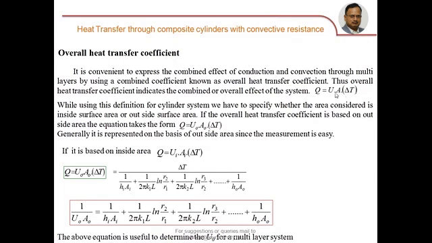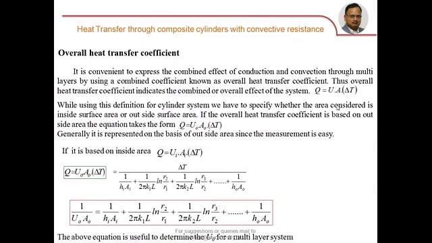If I write Q equal to h A delta T, it is only by means of convection, and h represents the convective heat transfer coefficient. If I use the formula Q equal to U A delta T, the U represents the combined or overall effect of conduction and convection, known as overall heat transfer coefficient.